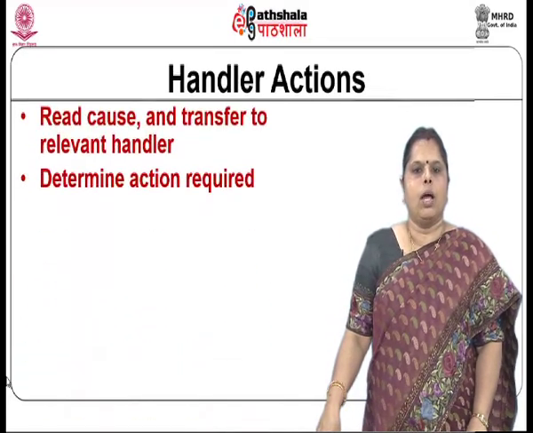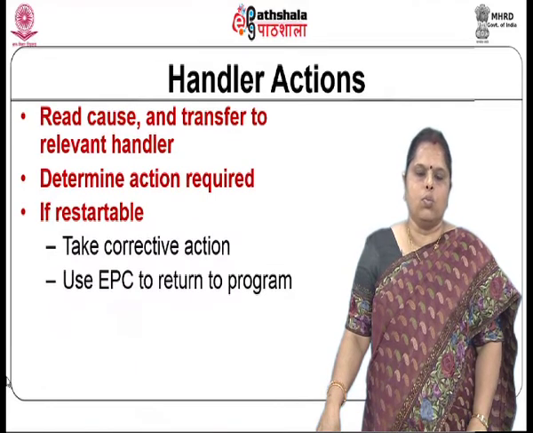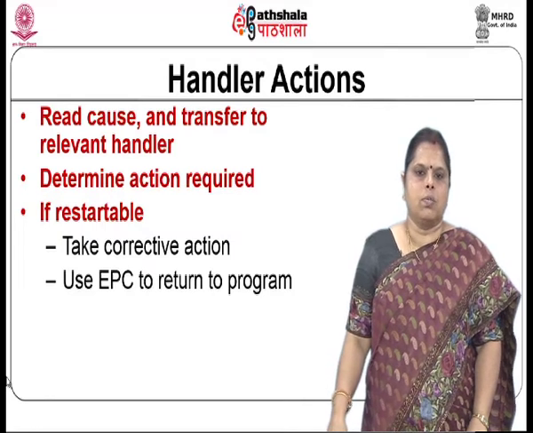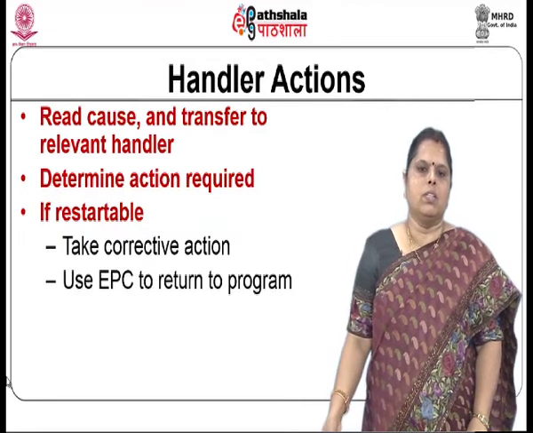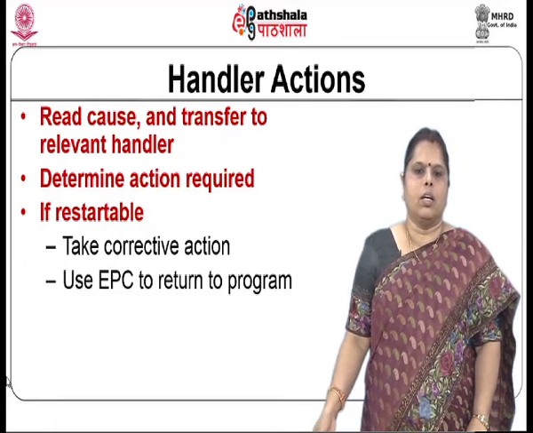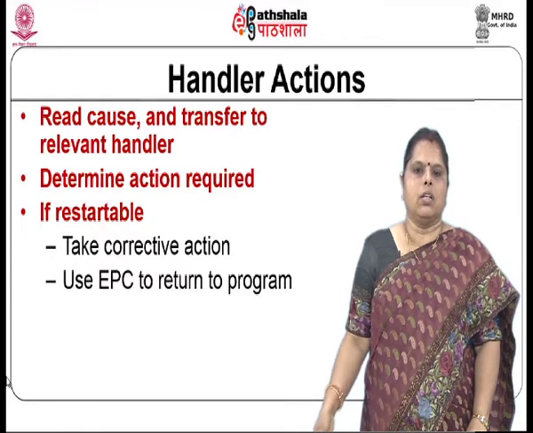Now, what happens when an exception is generated? Once an exception has been identified, you will have to read the cause of the exception, save the offending instruction's address, and transfer to the relevant handler, and then the relevant handler will determine what action is required.